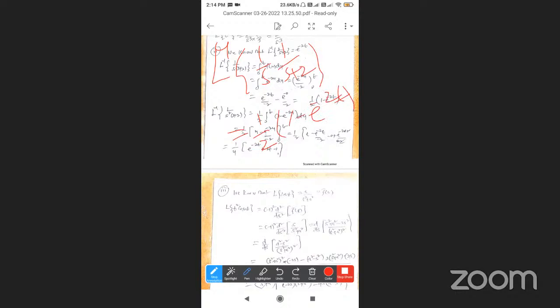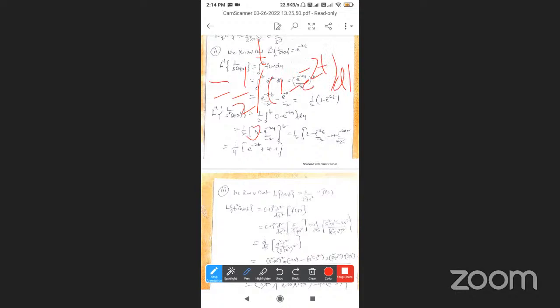Now again the integral from 0 to t of f of u du, where f of t is 1 by 2 into 1 minus e power of minus 2t.